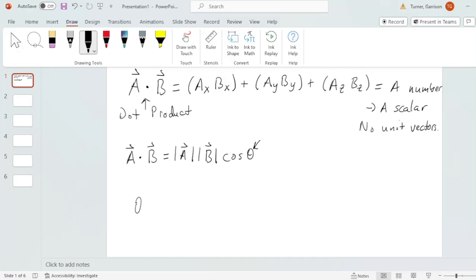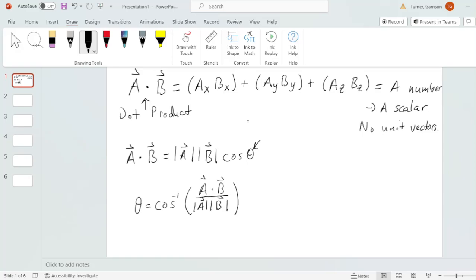To do so, all you would do is take the cos inverse of the scalar result of A dot B divided by the magnitudes of A and B. We'll see how to work this out here in just a moment.